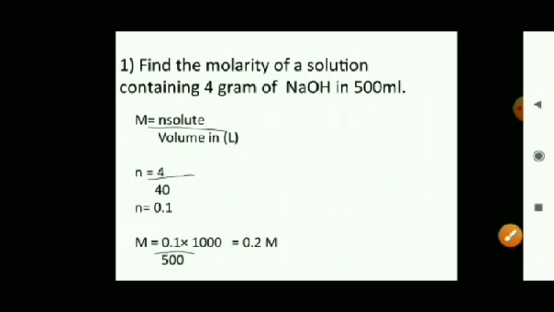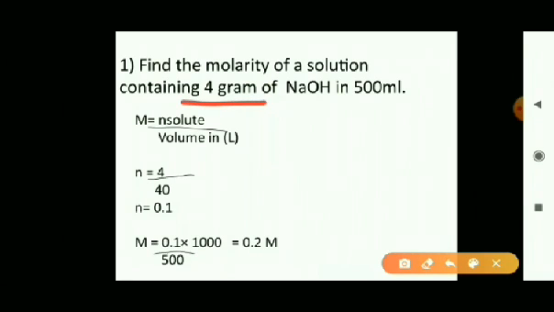Suppose one example which we have taken here, that is to find the molarity. How will you find the molarity? To find the molarity of a solution containing 4 gram of NaOH in 500 ml. Understand the question first. We have to find the molarity of a solution, in that 4 gram of NaOH is contained in 500 ml of solution, isn't it?